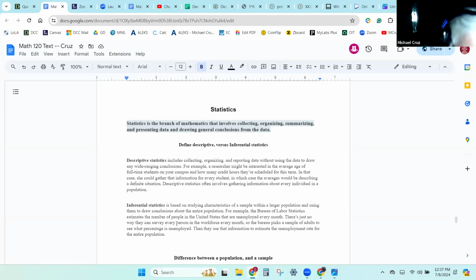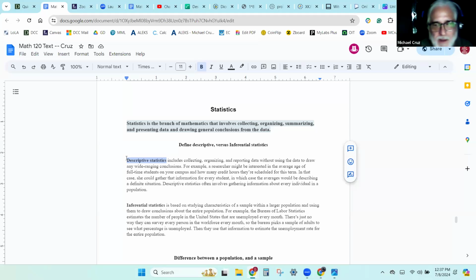Now, statistics is broken into two parts. The part that we're looking at is called descriptive statistics, meaning that we're just doing some basic calculations from data that we've collected, and then organizing it and giving a report of basic calculations, because those can tell us a lot.